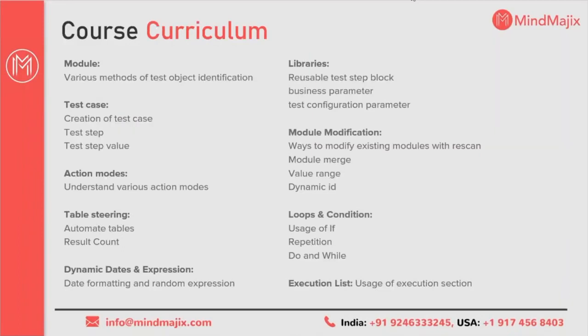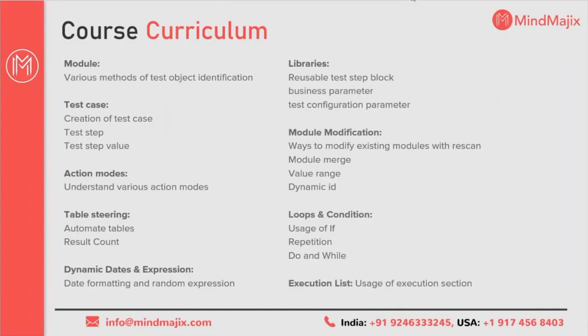Now let's see what our course curriculum consists of. We explain how the modules work. Modules is where we capture the screen objects, meaning the screens of the application that we have to steer. Then we'll be covering the test cases, as in how to build the test cases out of the modules.